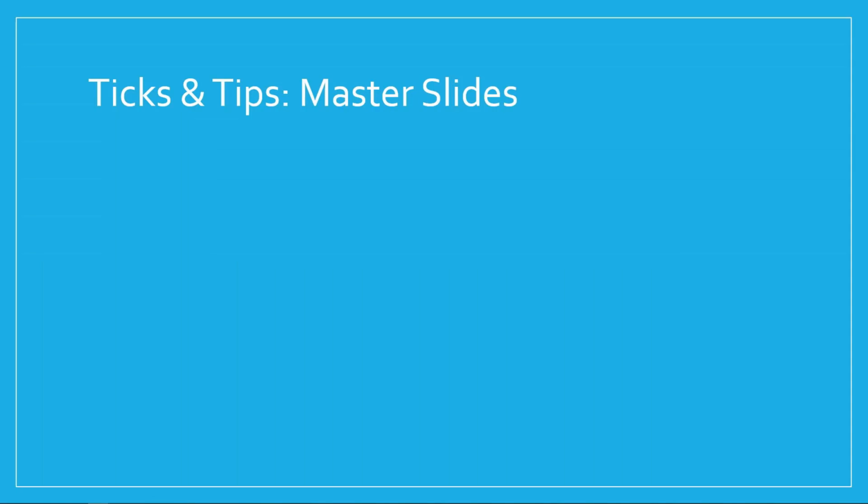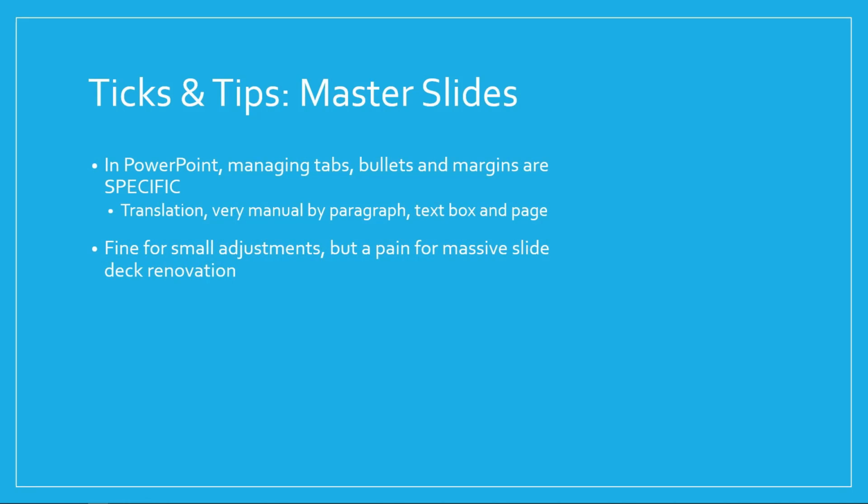This last tip is a doozy. Master slides. Here's the issue. Almost all the items we discussed are paragraph specific, meaning the changes are only on what is highlighted. And while you can highlight multiple items on a single slide, you can't go across slides.